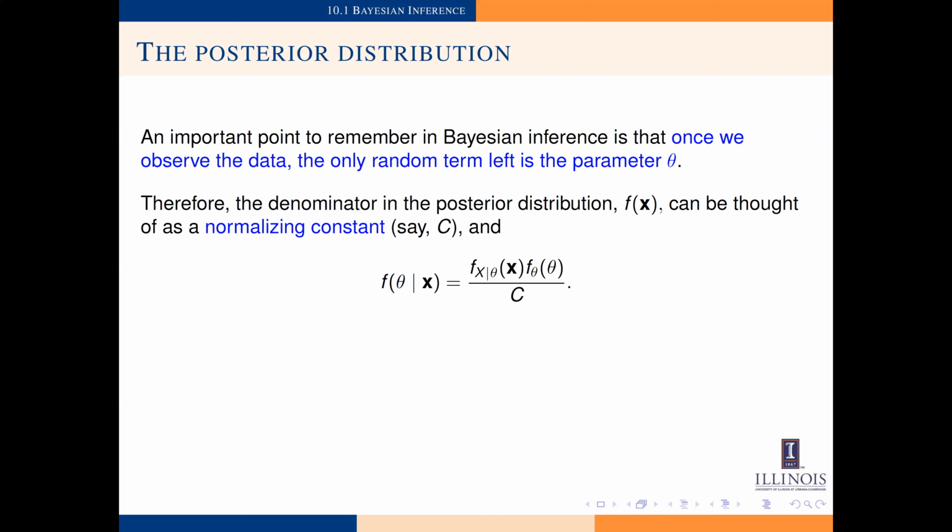Therefore, the denominator in the posterior distribution, which is f of x, can actually be thought of as a normalizing constant. So we can call it c, because once we observe the data, they are now constants and no longer random. In this case, we can rewrite the posterior distribution as the likelihood times the prior divided by the constant c.